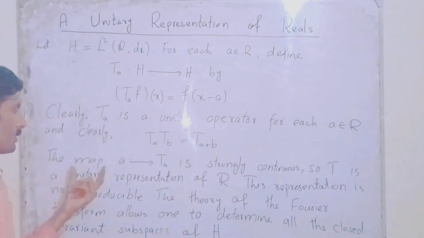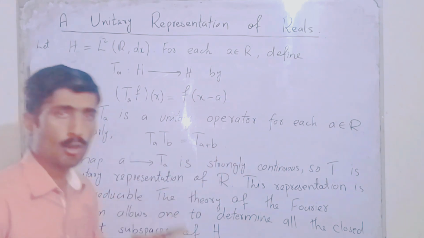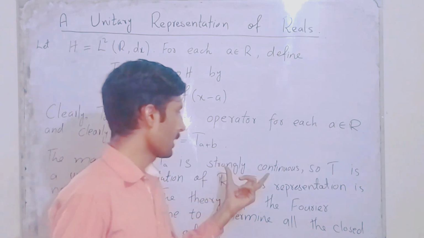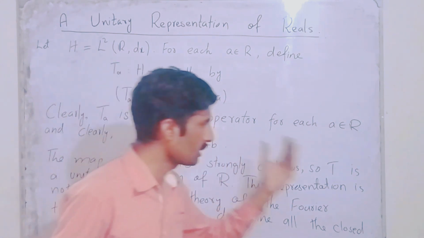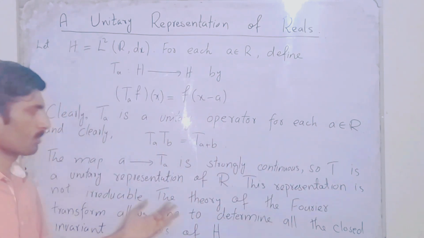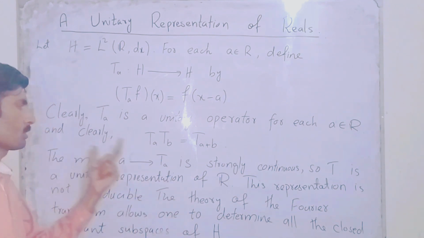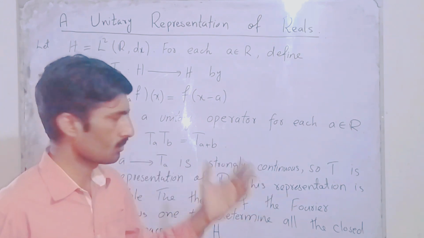Next, the map a to T_a is strongly continuous, so T is a unitary representation of R.